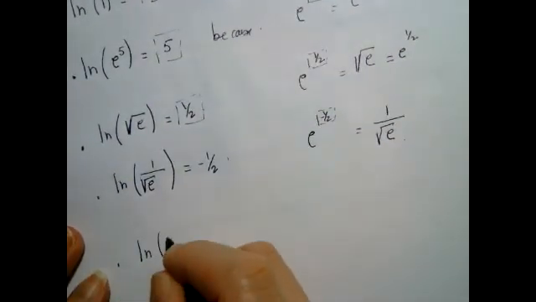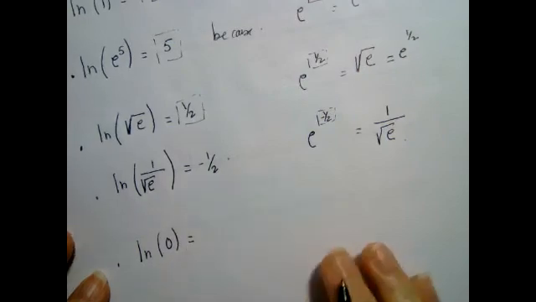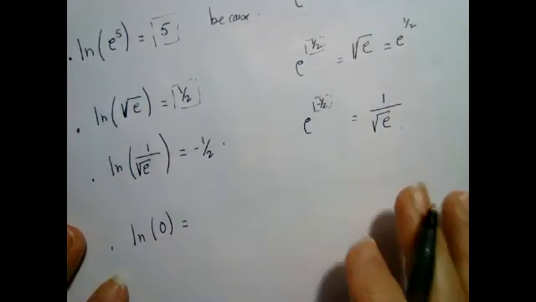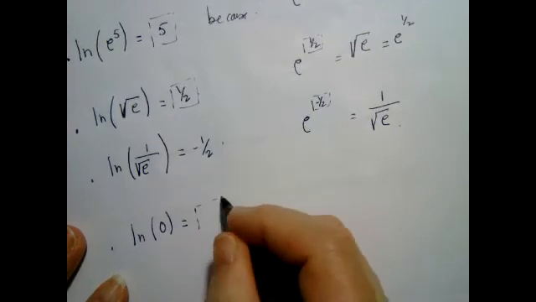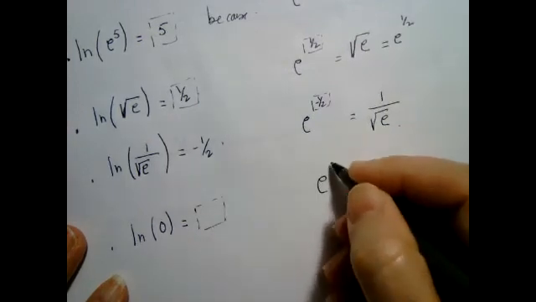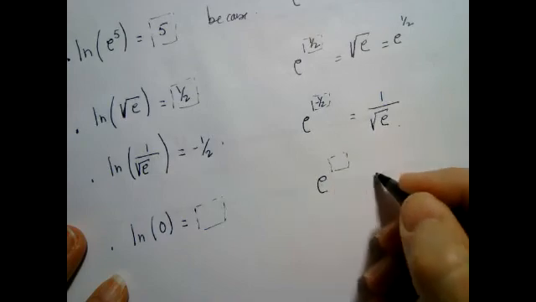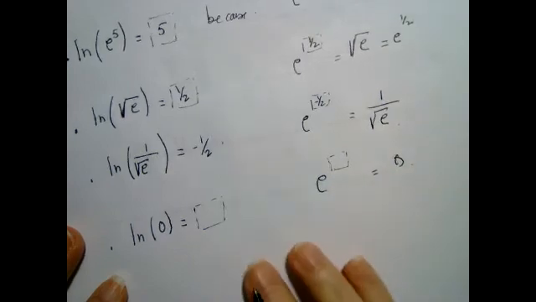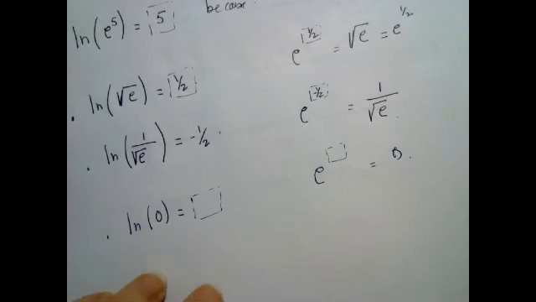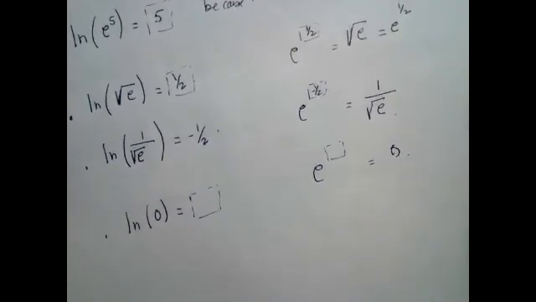Right. Now, what's the ln of 0? What's the thing, e, which gives me a 0? E is a number. Remember, e is a number. Don't be afraid of it.